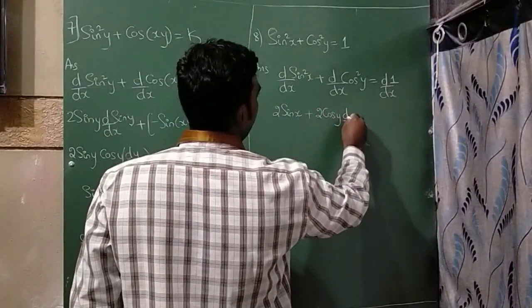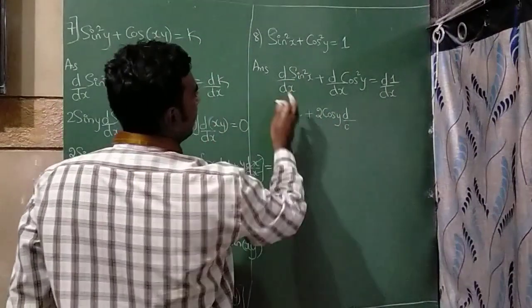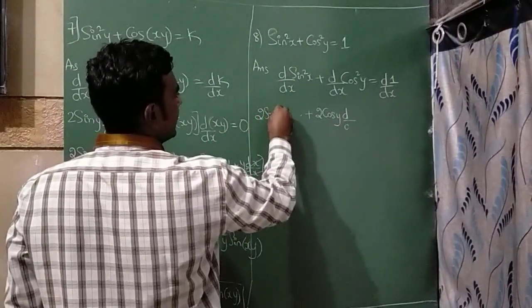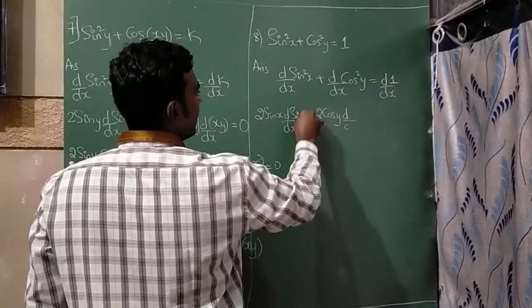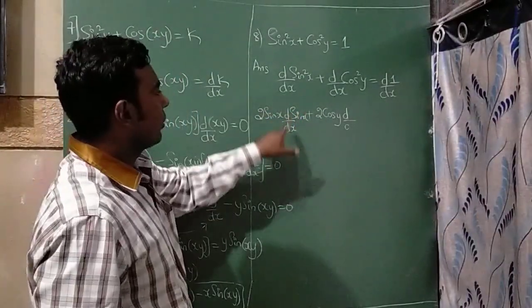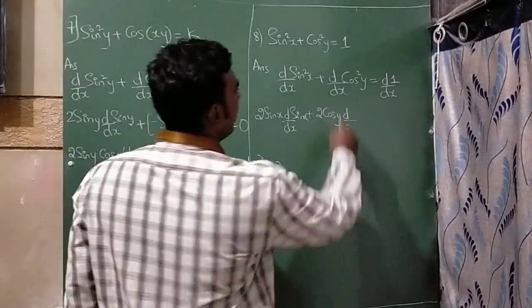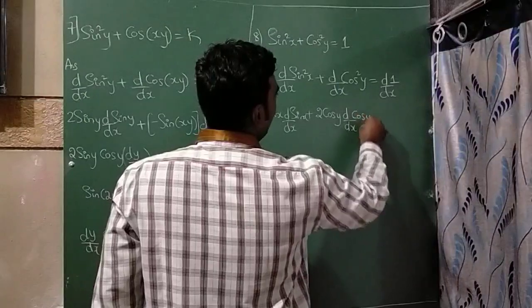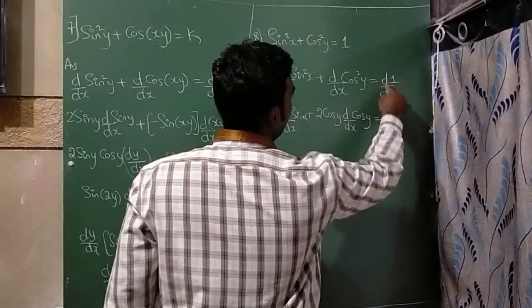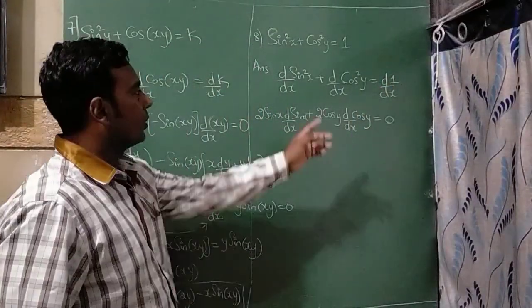Again d by dx of sin x, okay, chain rule. Now here 2 cos y, d by dx of cos y, and this will become 0 because d by dx of constant is 0.